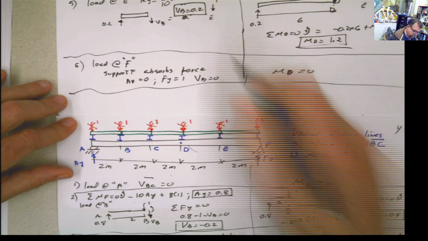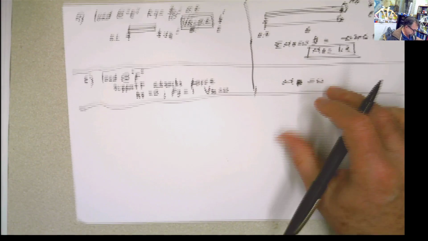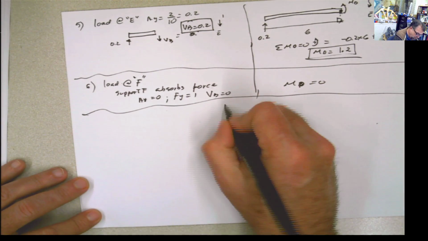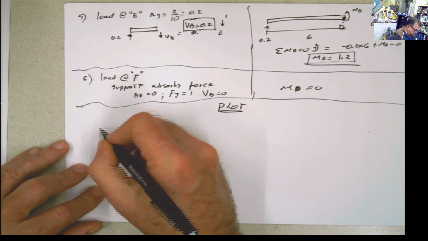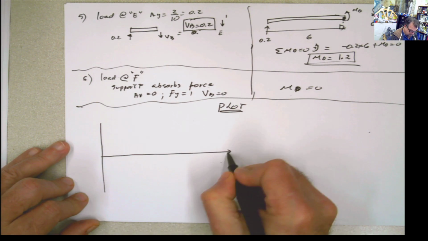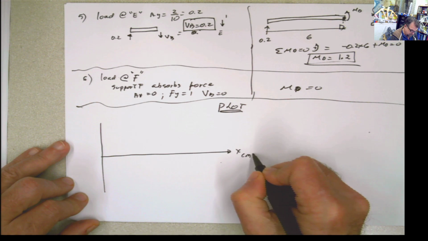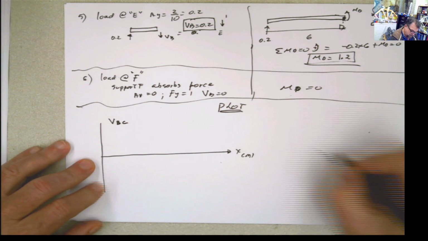Now, once we have all of these values, we just proceed to summarize that and plot that. Plot is the last step. We put here this, we put here that. This is going to be X in meters. This is going to be the shear on the panel BC.